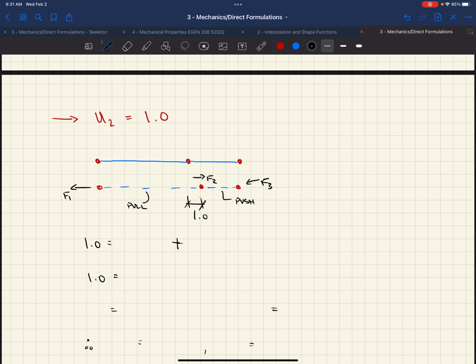Now, if we look at the deformation at node 1, we know that it equals 0. Well, that also equals F2 L2 over A2 E2, F2 L1 over A1 E1, right? Deformation is equal to the force times each of those rods, because now we have 2 rods as part of that.